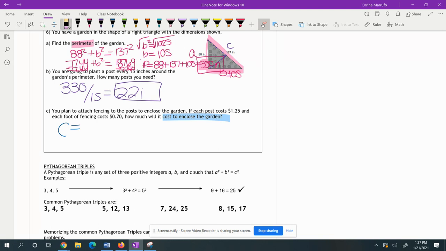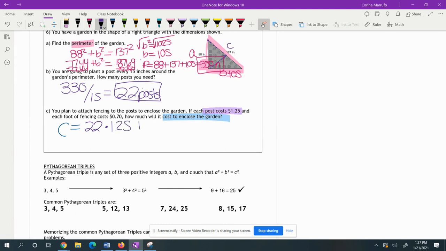Sorry, I just noticed. We need 22 posts. That's what we found in the last one. So we need 22 posts, and each post costs $1.25. They tell us right here.